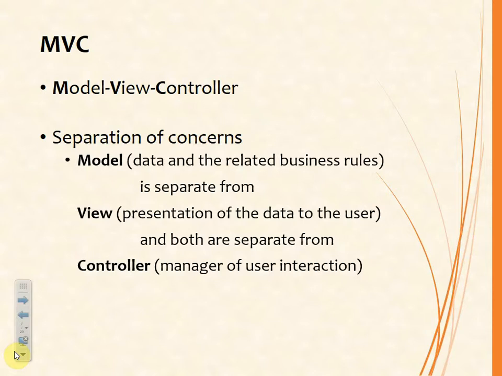The business rules govern the use of the data. The model will ensure that that data is used according to the business rules, will ensure that the data is stored in the appropriate places, database for example, will ensure that whenever there is a change of data values, those changes are propagated through the system as appropriate.